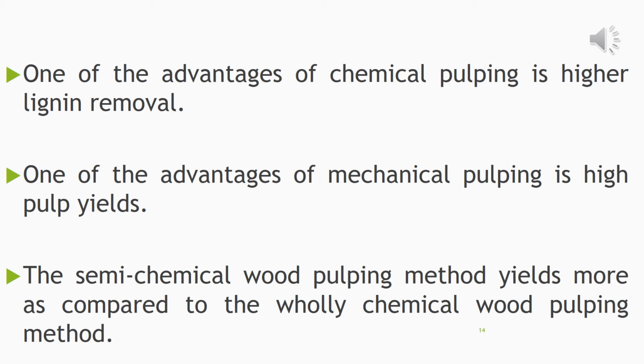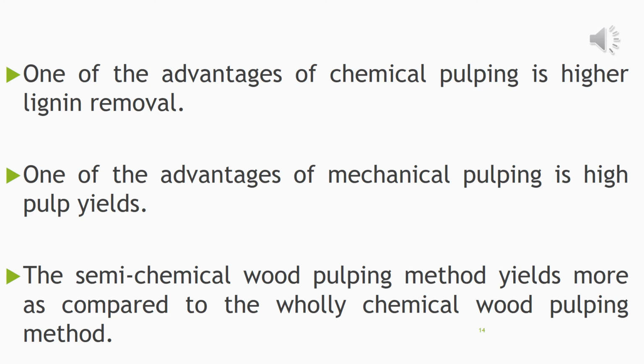It costs less as compared to chemical pulping. In chemical pulping, the removal of lignin is higher, but the yield is low. In mechanical pulping, the yield is high, and it is commercially cheap also.